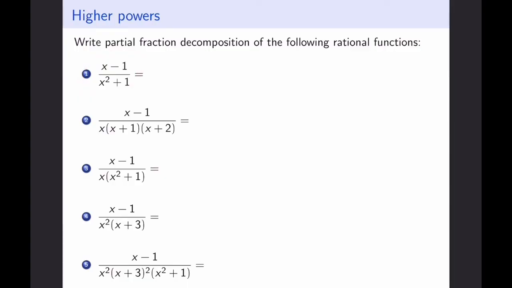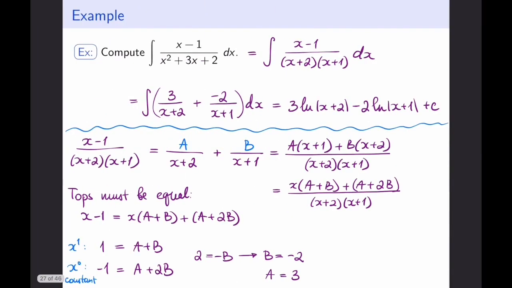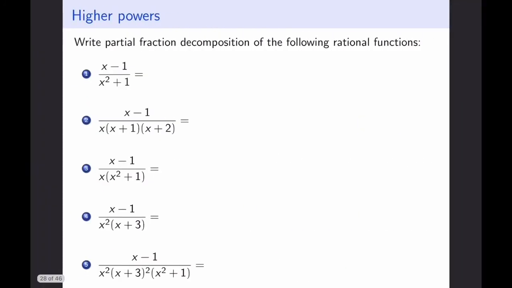Now, what you are also watching out for is what are the degrees of things on the bottom and therefore what the degree of the top unknown part is supposed to be. In our first two examples, the bottoms were linear factors, and as I mentioned, the top always has to be 1 degree less. In both of these cases, they were simply constants. On this slide, we will consider higher powers.